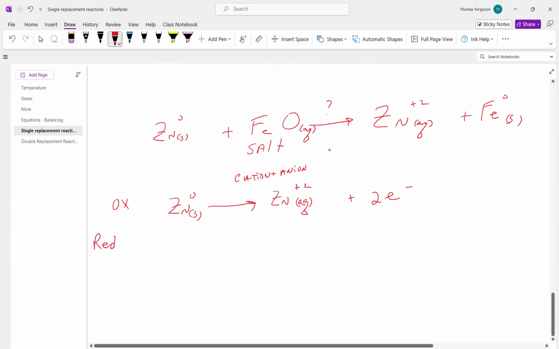Reduction captures electrons. And that means the iron +2 cation is going to capture those 2 electrons and become iron metal.